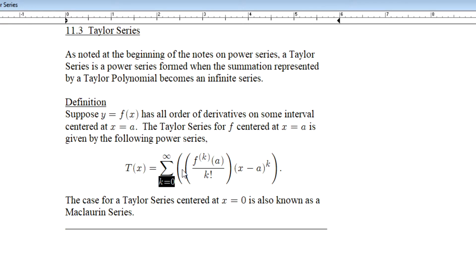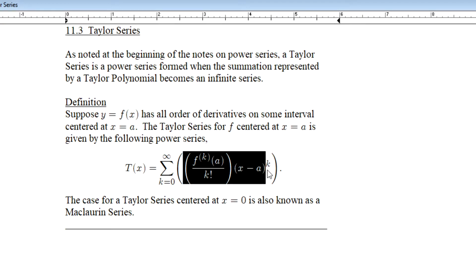What we note here for a Taylor series is that it does assume that form of a power series. We do have this quantity given here, which represents that coefficient with respect to k back in a power series, that value c sub k, times this quantity given by x minus a raised to the kth power. All right?